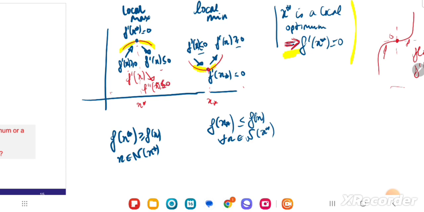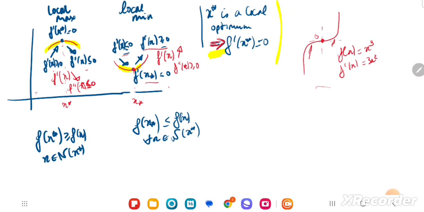In the case of a minimum value, it's the same kind of idea. f prime is negative here, then equal to 0, and then positive. So f prime is increasing, so f second is greater than 0.